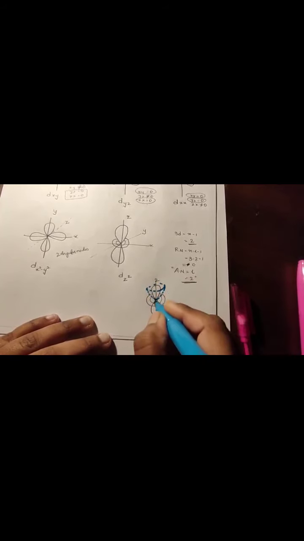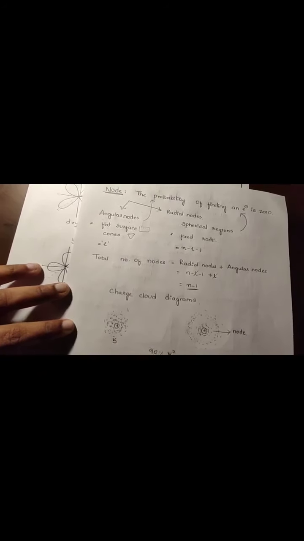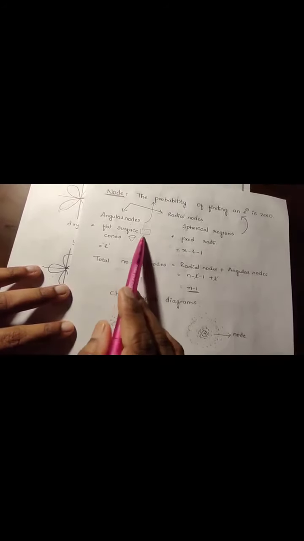Here the gap is a conical shape. Surrounding the z-axis, there will be two cones where the probability of finding an electron is 0. As I said, angular nodes means flat surfaces or cones.